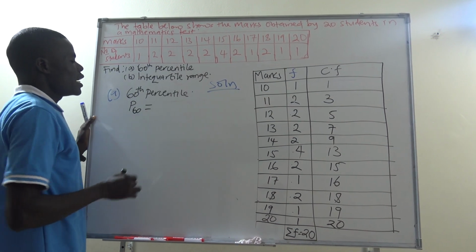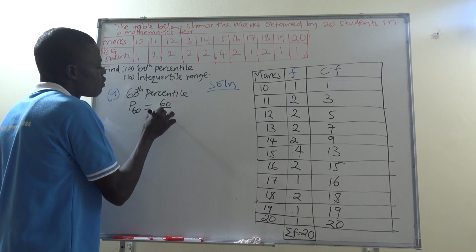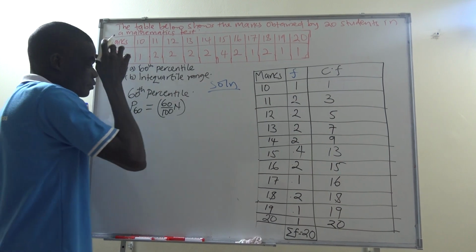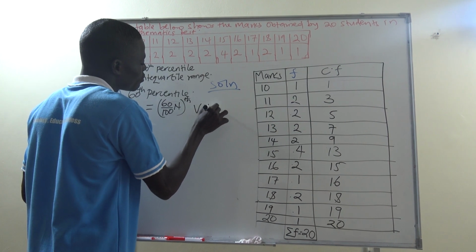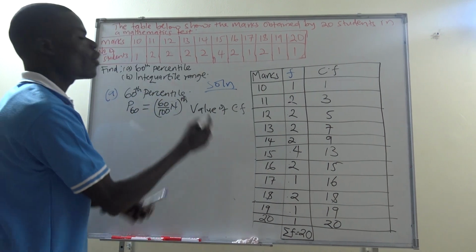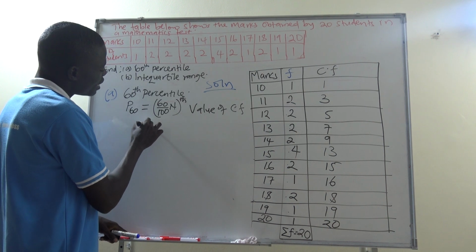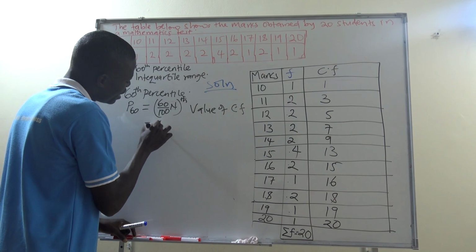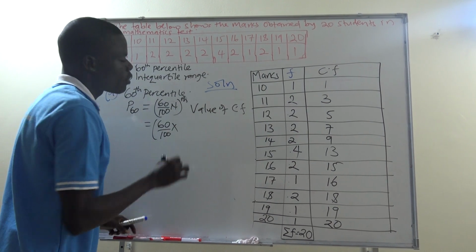And then P60 can be determined by 60 out of 100 times the nth value of cumulative frequency, or nth value from cumulative frequency.